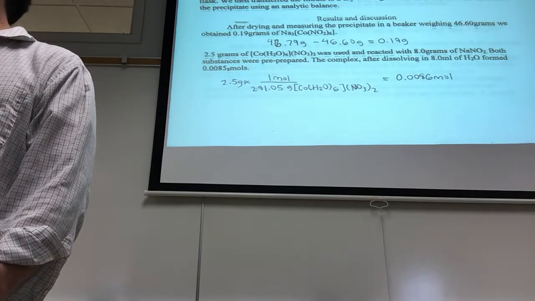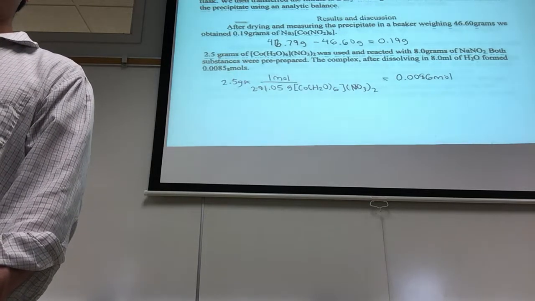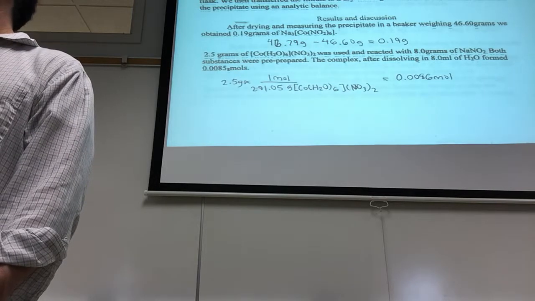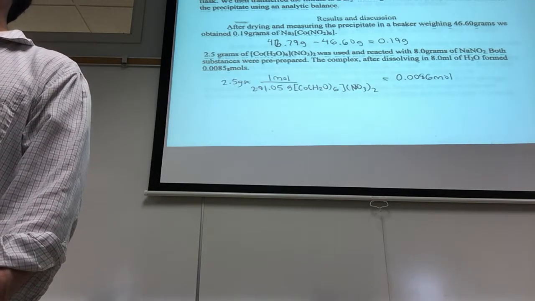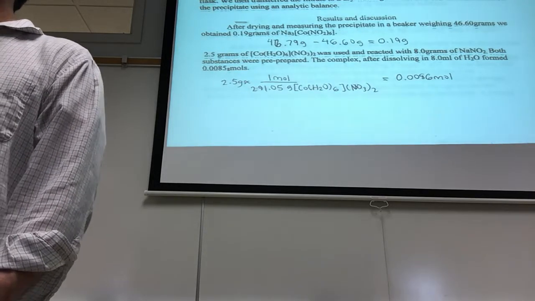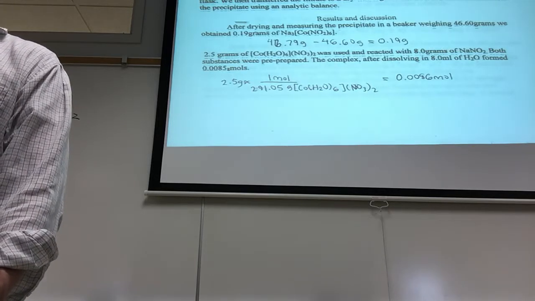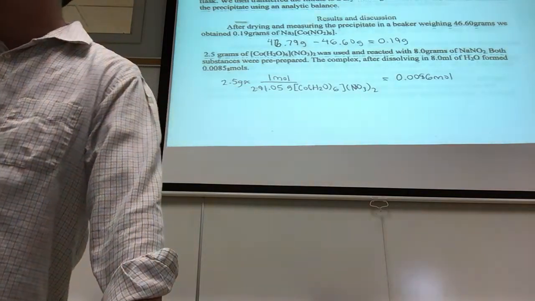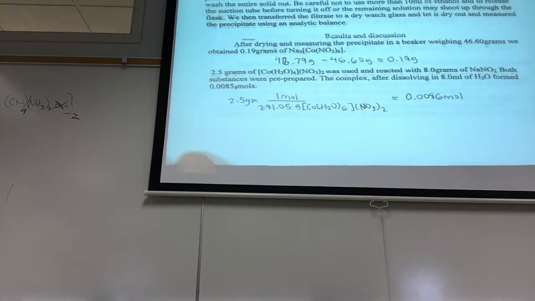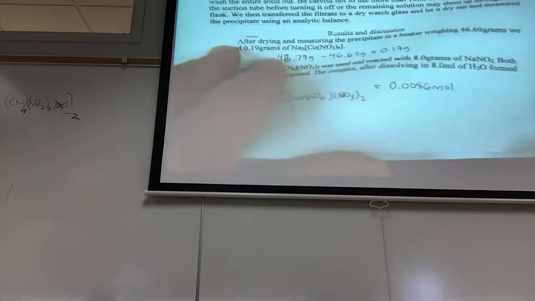That's the purpose of your results and discussion: to go through this and at the end say, it makes sense that we end up with pure sodium hexanitrocobaltate(III) because we did all these steps. But if you say we ended up with this because the book says so, then nobody's going to listen to you. And so I typically wouldn't start off with something like this. I'd start off with the chemistry here, what's happening.